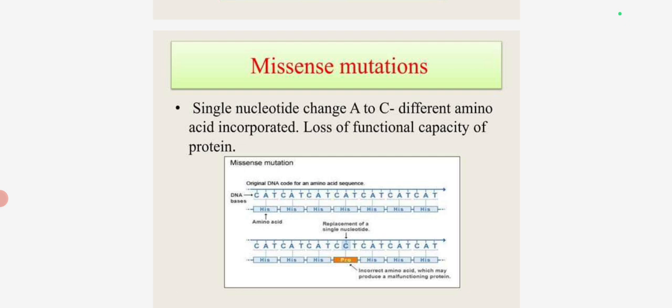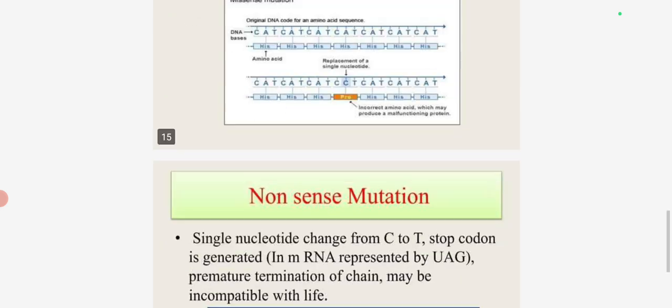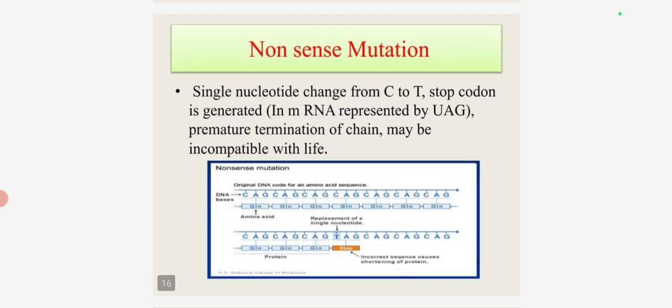Next one, missense mutation. A single nucleotide change, for example A to C, and a different amino acid is incorporated, with loss of functional capacity of the protein. Different amino acid means the protein loses its function. Next one, nonsense mutation.